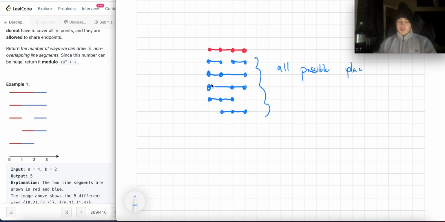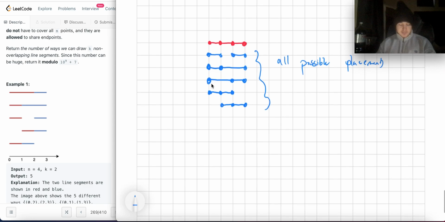Okay. So how do you approach this problem efficiently? Well, what led me to the solution first was thinking about this line segment system.